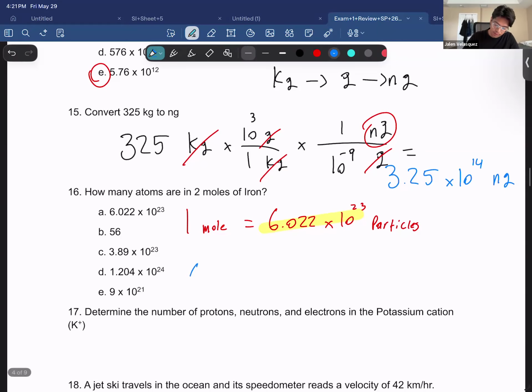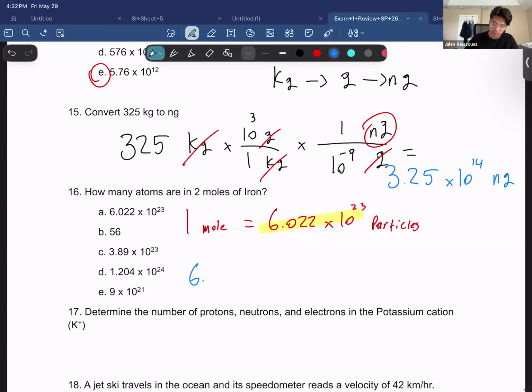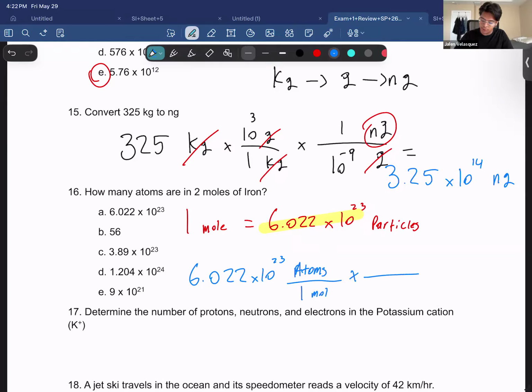If 6.022 times 10 to the 23 atoms is in 1 mole, and I have 2 moles, I'm just going to multiply this by 2. So 6.022 times 10 to the 23 multiplied by 2, you're going to get 1.204 times 10 to the 24.